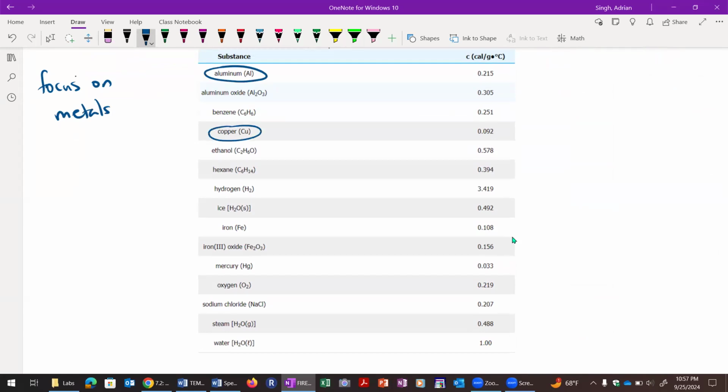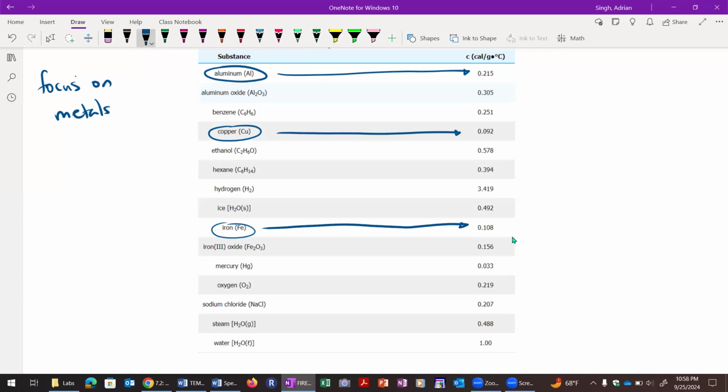We have copper. What else? We have iron down here. We have mercury. Let's just use these three, and we'll look at their specific heats. The thing to note about the specific heats of the metals generally is that they tend to have small or low specific heat values.